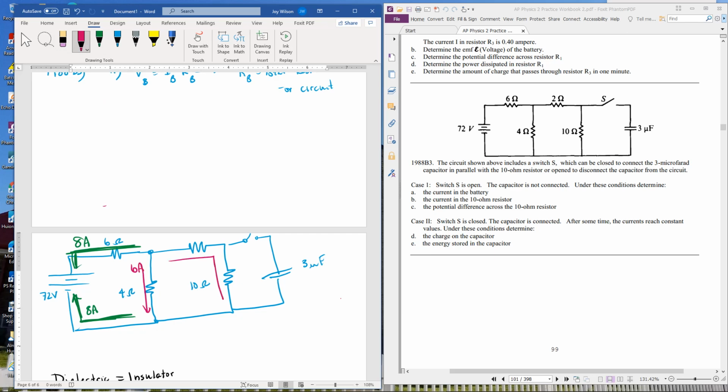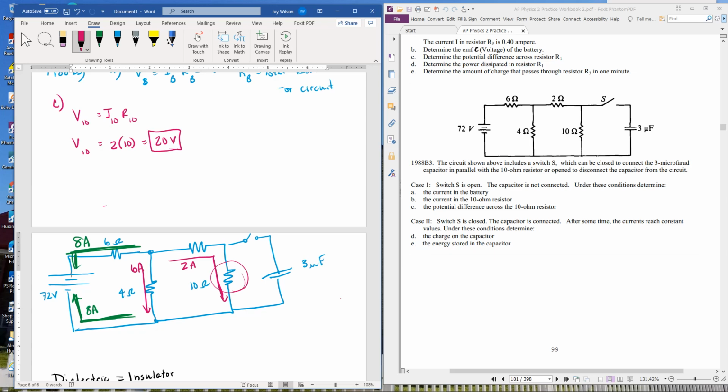This part has 2 amps. So if I want to know what's happening at this circuit, V on the 10 equals I on the 10 times R on the 10. So V on the 10 equals 2 times 10, so 20 volts. So that was part C.